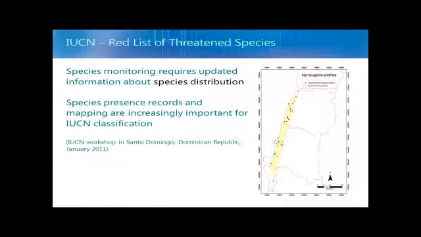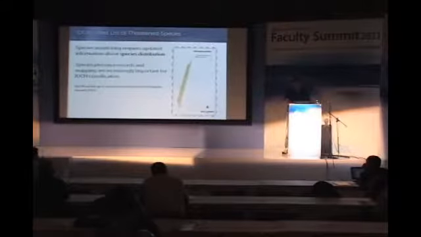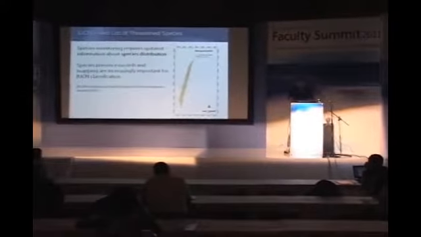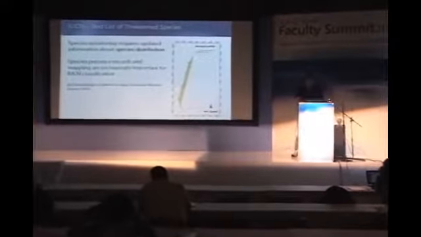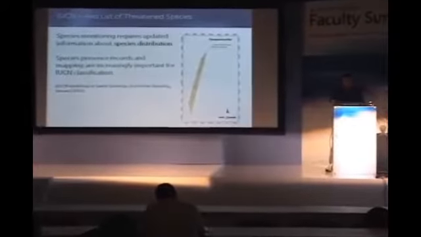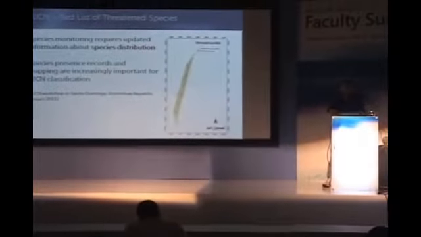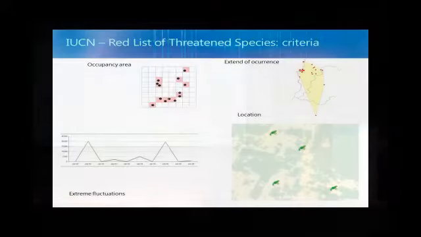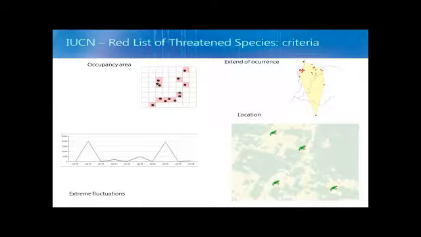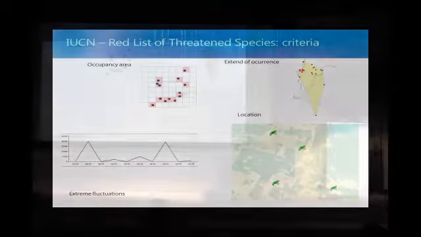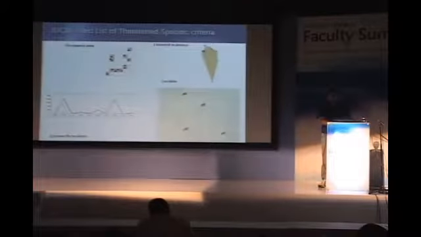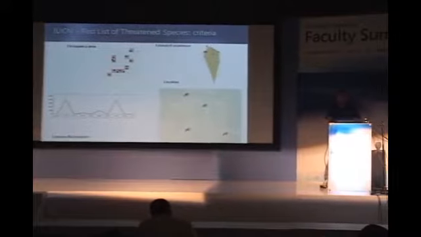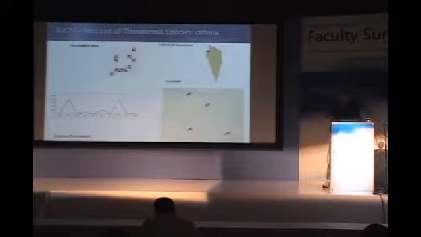In that case, one of the things that we need to know with species that are rare or difficult to study is where they are present, or the species distribution. And species presence records and mapping are increasingly important for IUCN classification, which is used in the whole world. Therefore, the location of an animal at a given moment, date, or time of the day is crucial information when we're talking about endangered species.